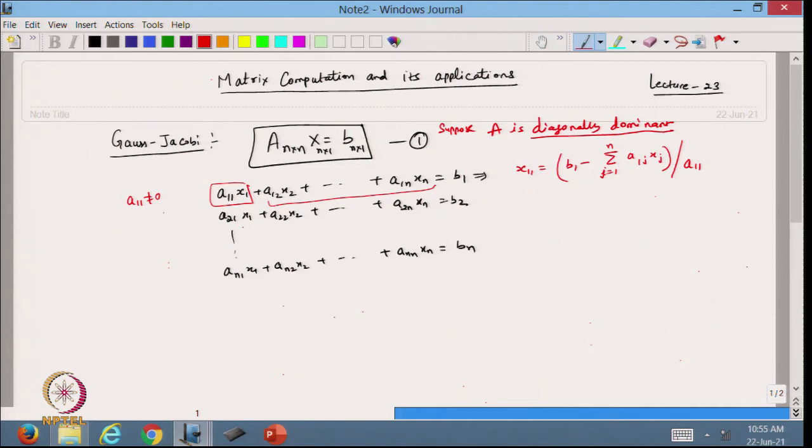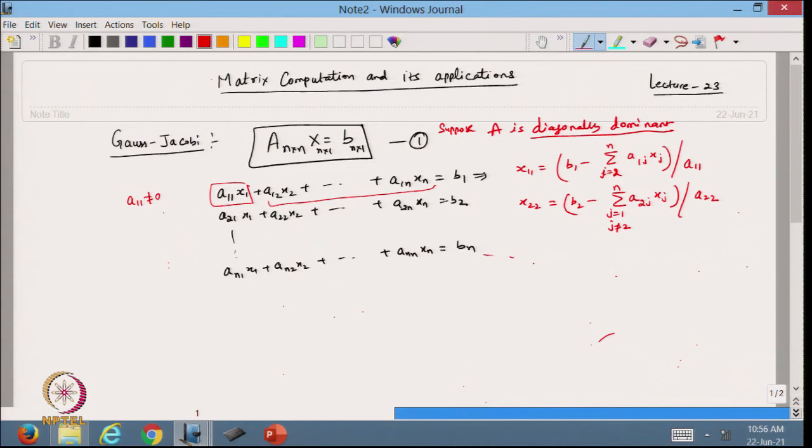Similarly, from the next equation I can write x2 as b2 minus the summation of a2j xj, where j is from 1 to n and j is not equal to 2, divided by a22.